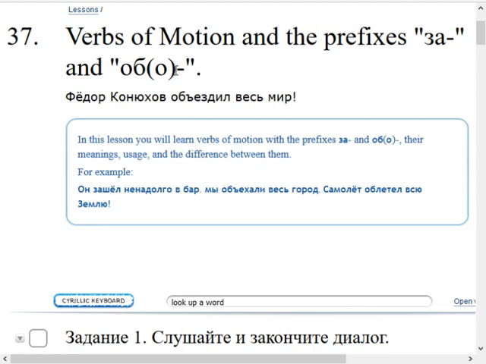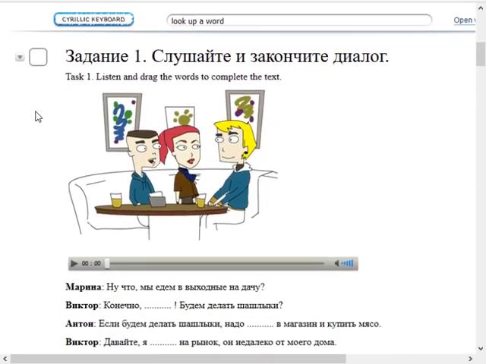It basically translates to the English around. So if you're going around something, use it to say, for example, going around the world. Use it also if you're going around an obstacle, or you can also use it to say look around. So it's basically equivalent to the English around.